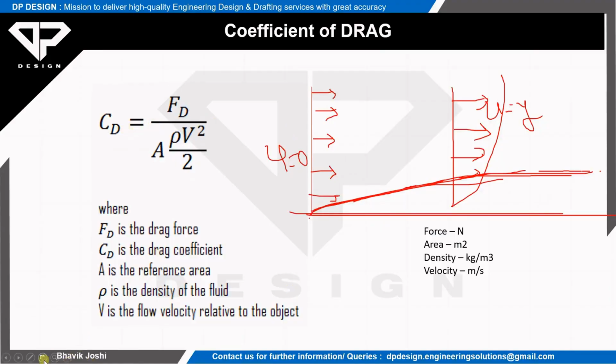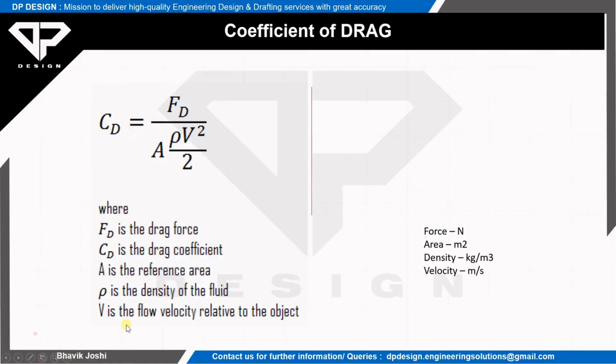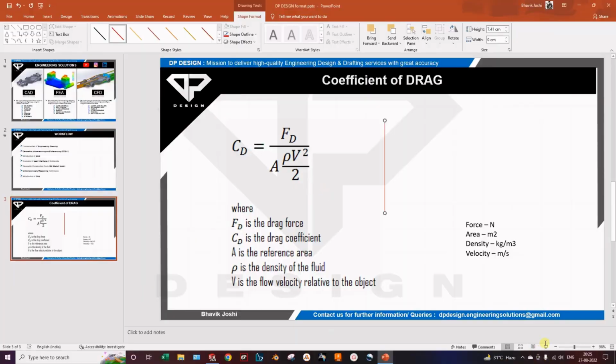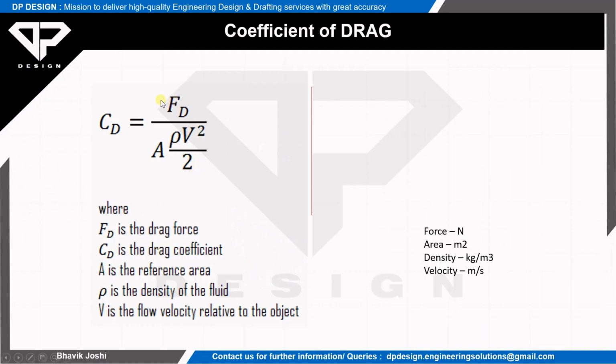The drag force will be in Newton, the area in meter square, density in kg per meter cube, and velocity in meter per second.